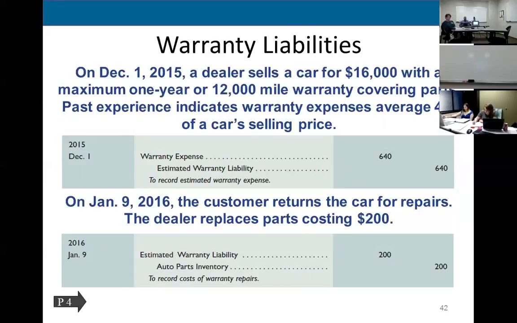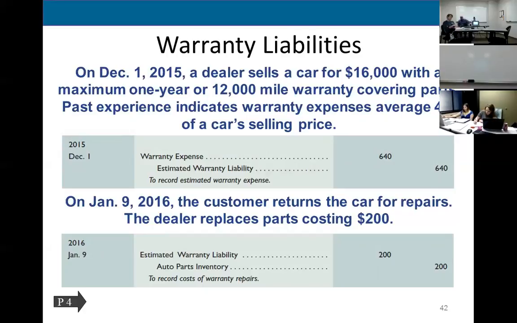On December 1st, 2015, a dealer sells a car for $16,000 with a maximum 1 year or 12,000 mile warranty covering parts. We're going to rely on past experience to indicate warranty expenses average 4% of a car's selling price.